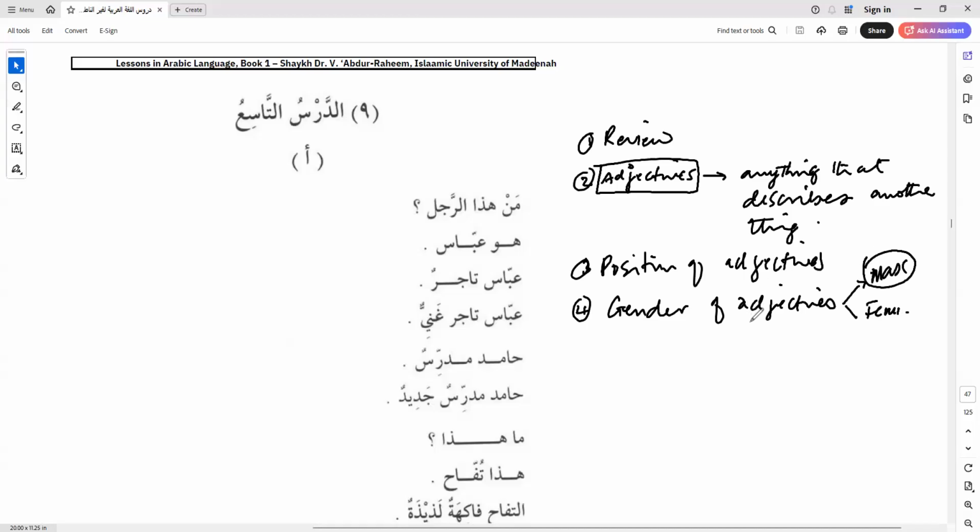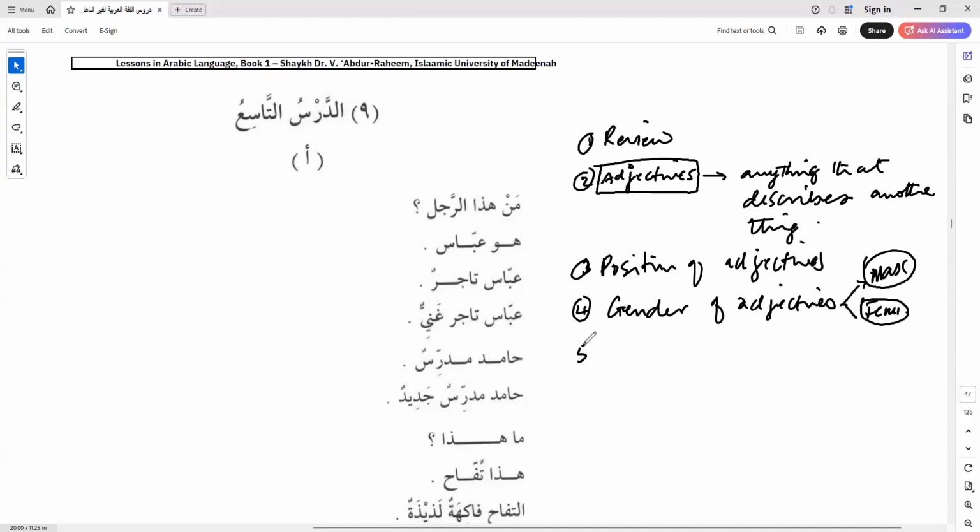If it is describing a feminine noun, then it must be feminine. This is unlike English. So we need to know that. We're going to learn about that. And the position of adjectives is completely different from the position of adjectives in English. This is very, very important.